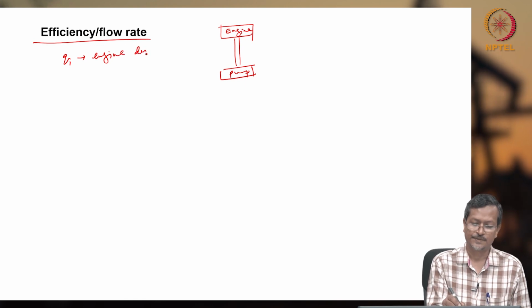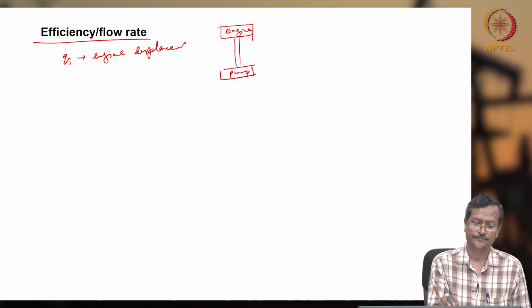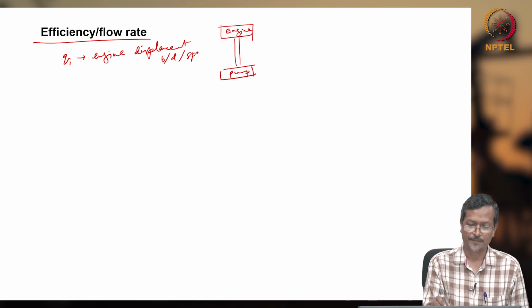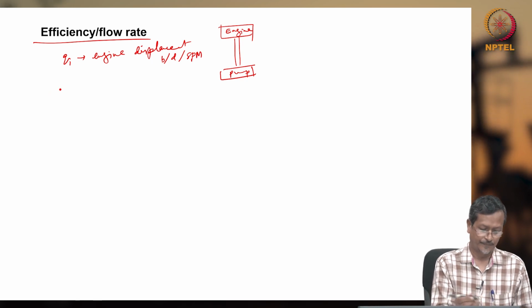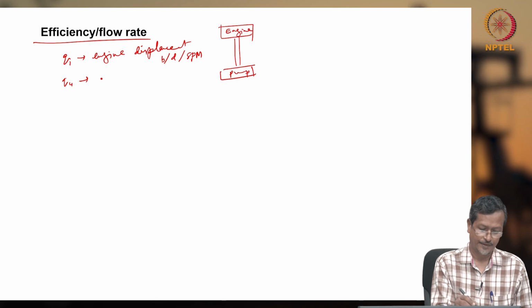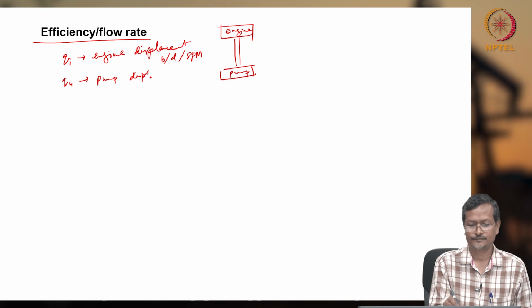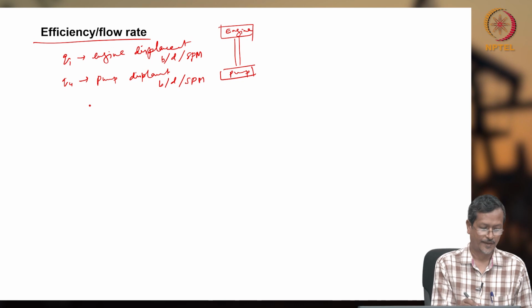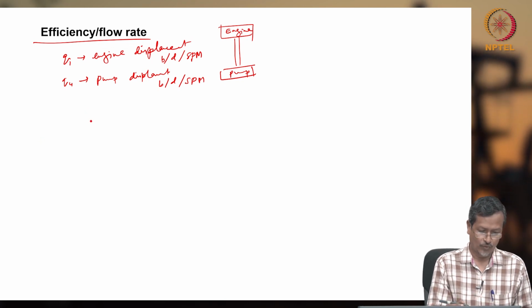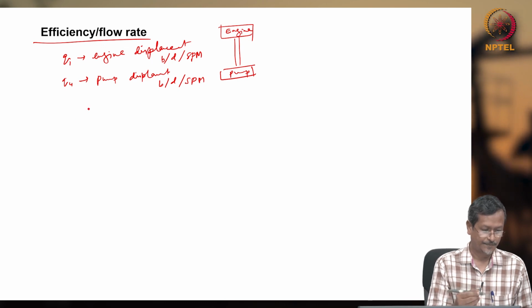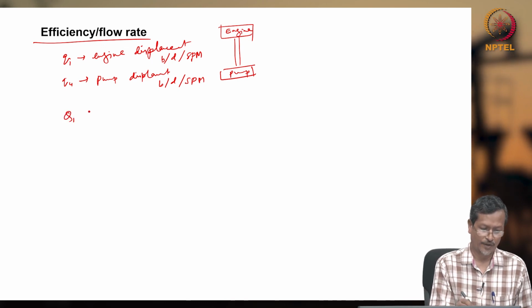Engine displacement has unit barrel per day per SPM, stroke per minute. q4 is pump displacement, again barrel per day per SPM.